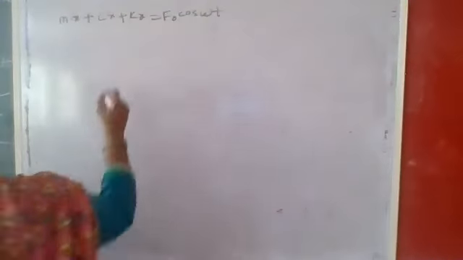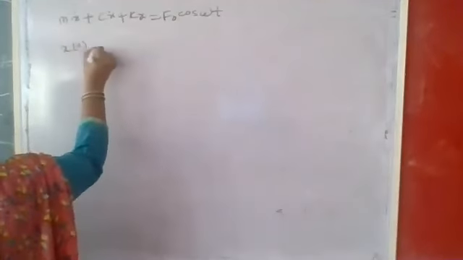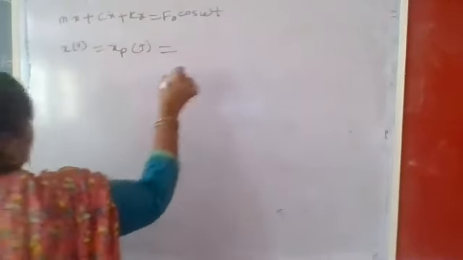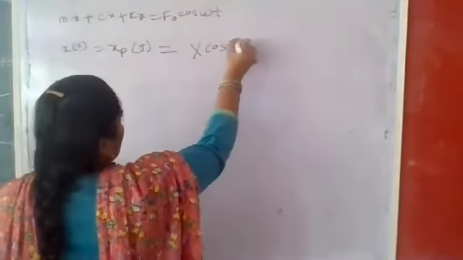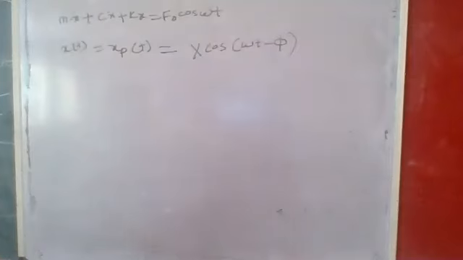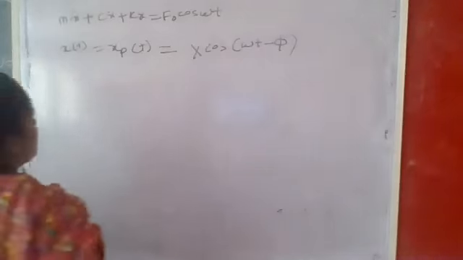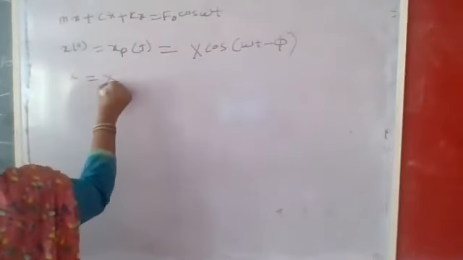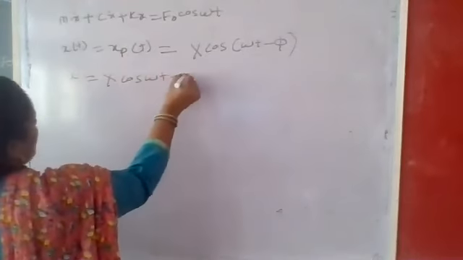For solving this, we put the particular integral x of t equal to X cos of omega t minus phi, where phi is the phase angle that appears because of the damping in forced vibration.